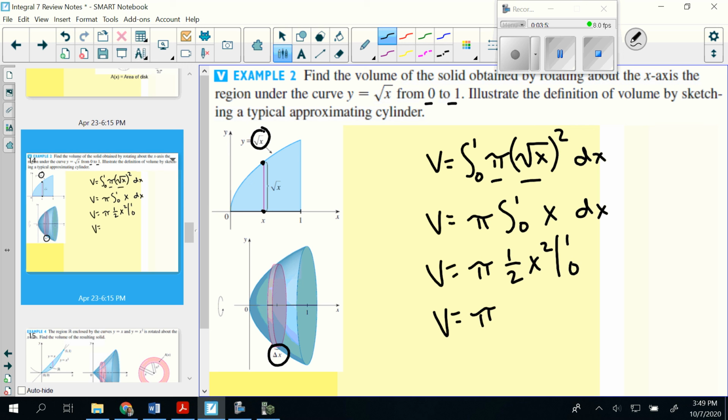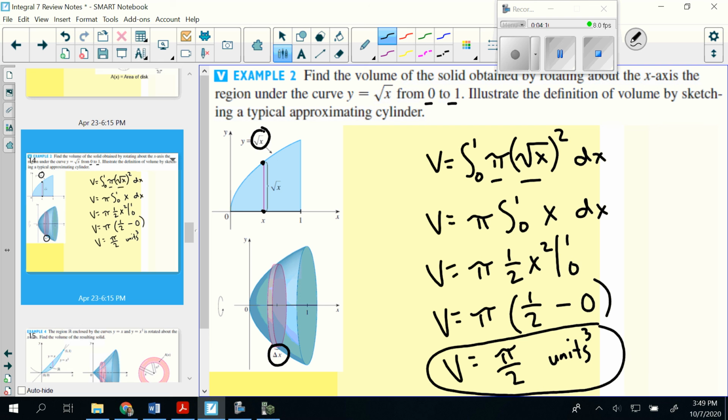If we put 1 into that, 1 squared is 1 times 1/2 is 1/2, minus, if we put 0 in there, it's just 0. So we get 1/2 pi, or we could also write that as pi over 2, and it would be whatever these units are, cubed. So the volume when rotating around the axis is pi times the function squared.